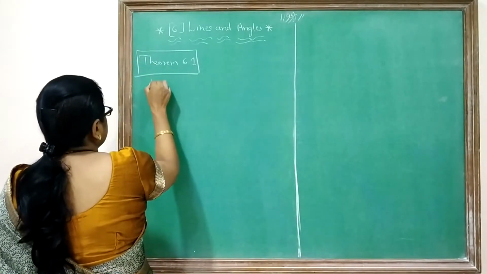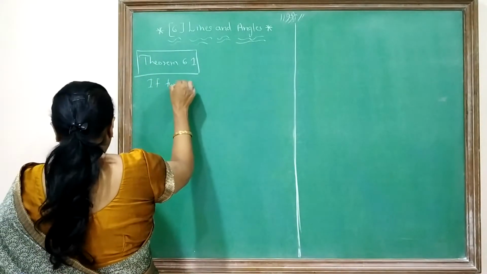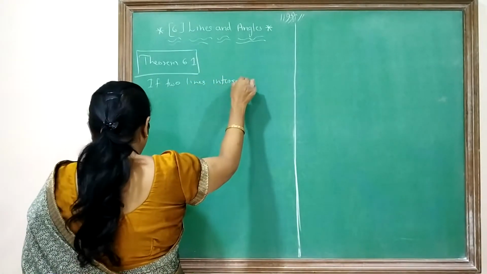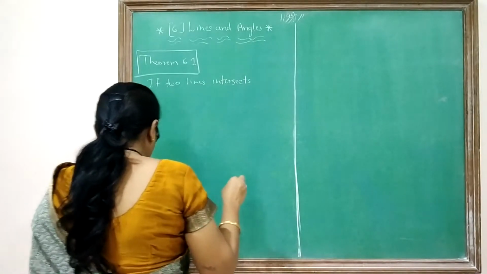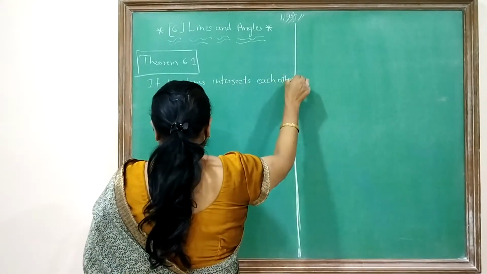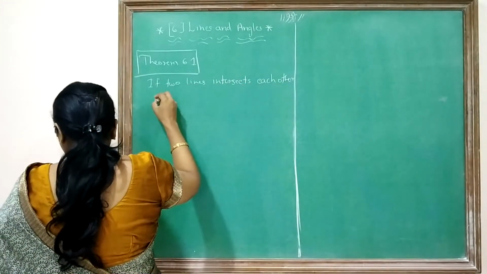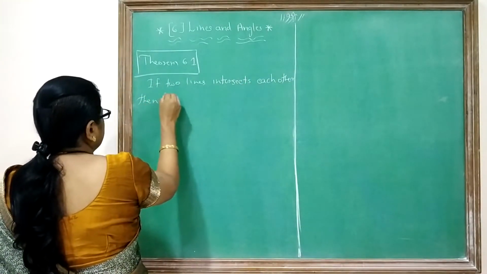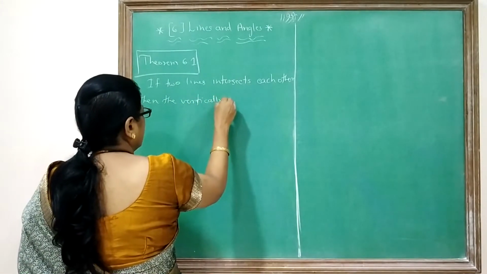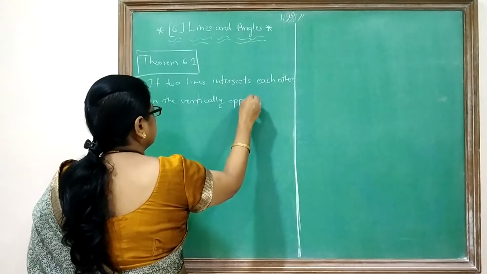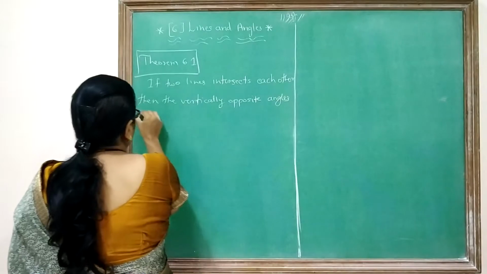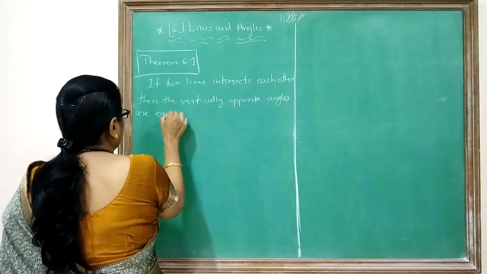If two lines intersect each other, then the vertically opposite angles are equal.